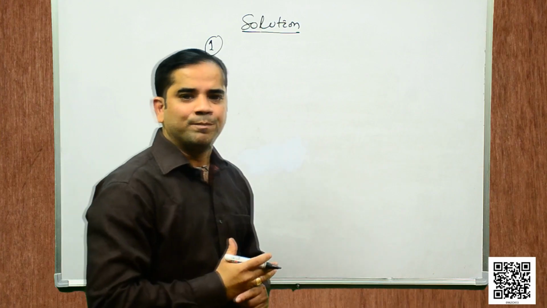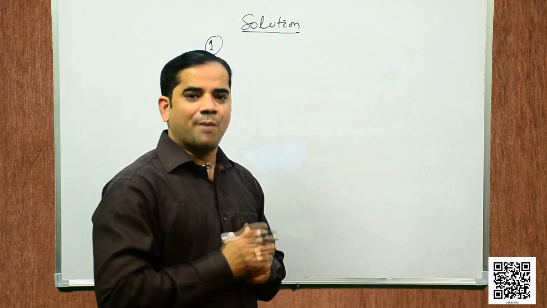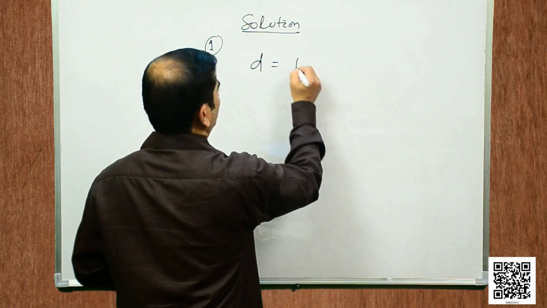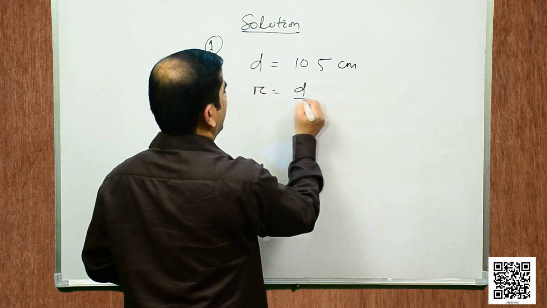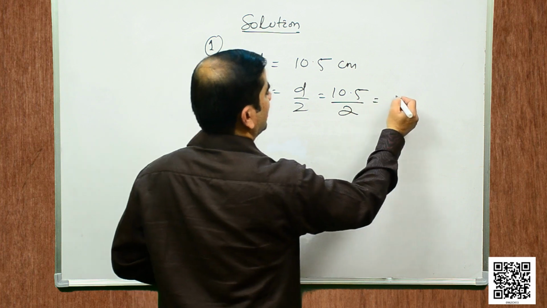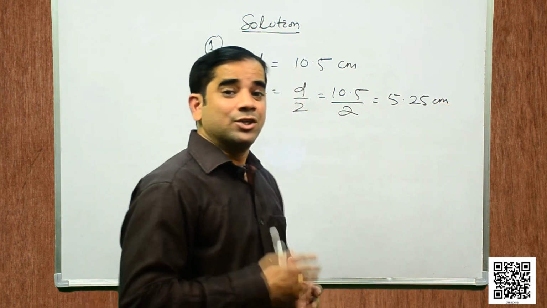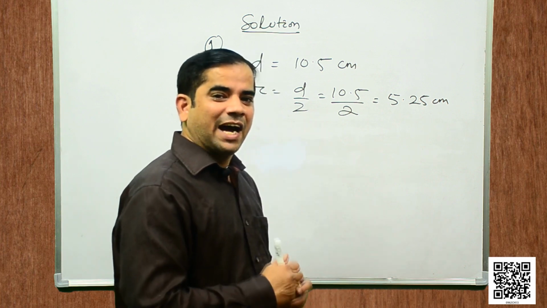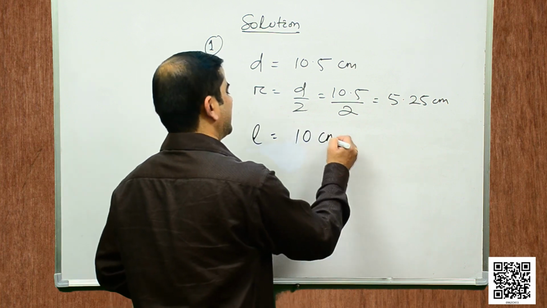Okay. So, as per the question, the diameter of the base of cone is 10.5. So, d is equal to 10.5 centimeter. So, r will be d by 2, that is 10.5 by 2, or it is 5.25 centimeter. So, students, the slant height is given as 10 centimeter. So, L will be 10 centimeter.